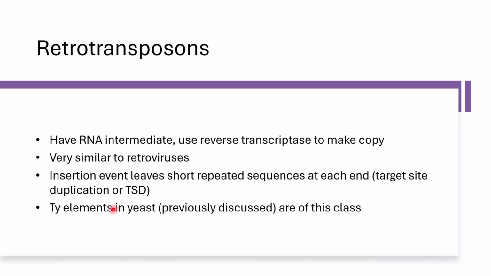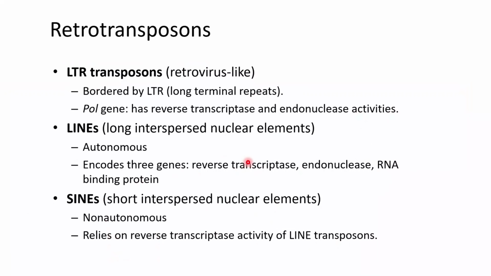As I just mentioned, we talked about the TY element in yeast. You can take a look at the earlier slides. So for the retrotransposon, there are three types. There's the long terminal repeat transposons, which resemble retroviruses. You can think of HIV, you can think of whatever other retrovirus you know.